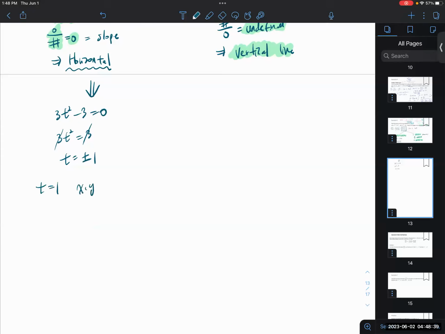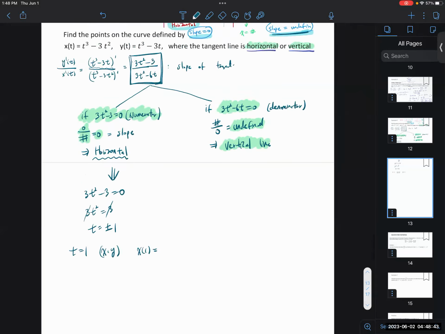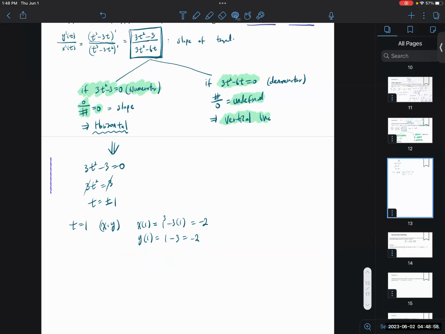I want to find the x and y. For t = 1, x of 1 is 1 to the third minus 3 times 1, which is -2. y of 1 is 1 minus 3, which is -2.